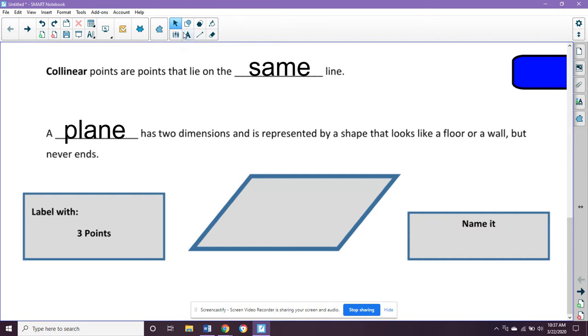So let's say we have, let's change it up, point C, D, and E inside our plane.